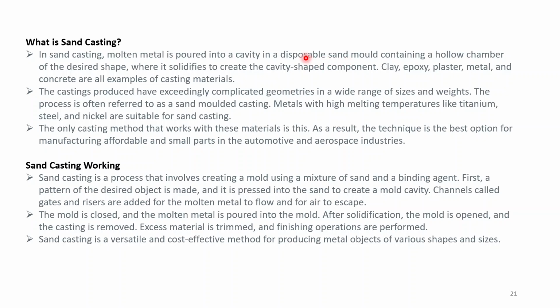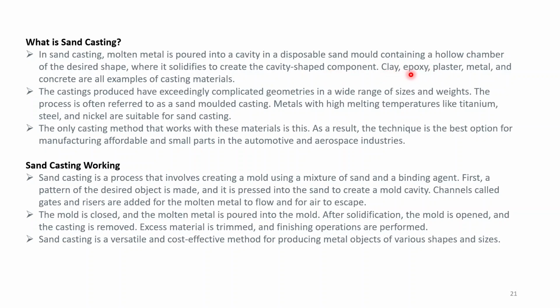Those can be used multiple times, but in the case of sand molding, you have to collapse the mold afterwards to get your casting from it. It contains a hollow chamber of the desired shape where the metal solidifies to create the cavity-shaped component.